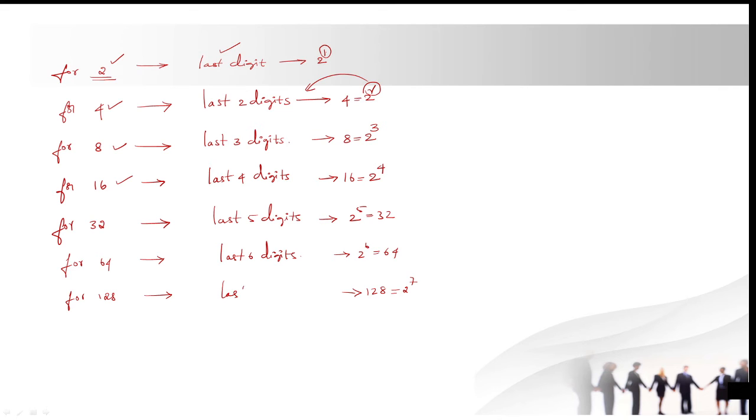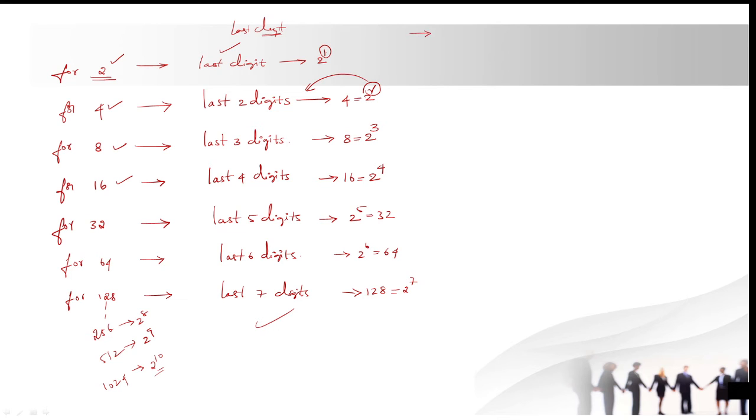It means that the number formed by the last 7 digits is a multiple of 128 or not. Similarly, we can go with 256, 512 and 1024 also. Why? Because 256 can be written as 2 power 8, 512 as 2 power 9, and 1024 as 2 power 10. Similarly, this is the case of checking last digits.